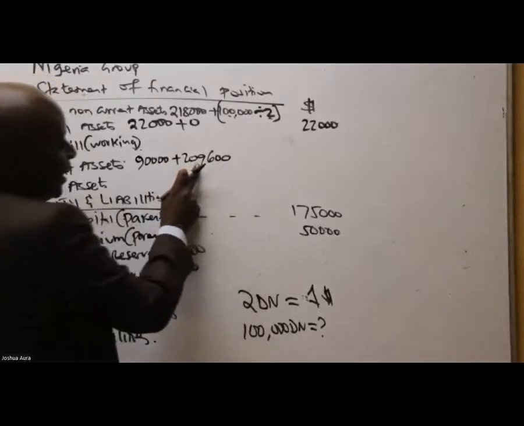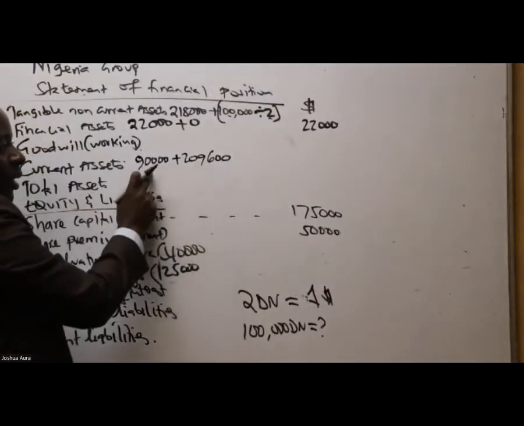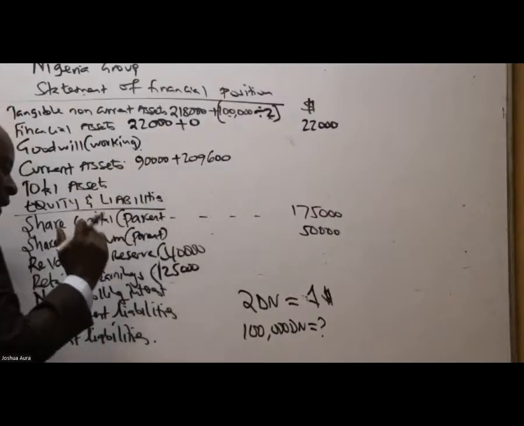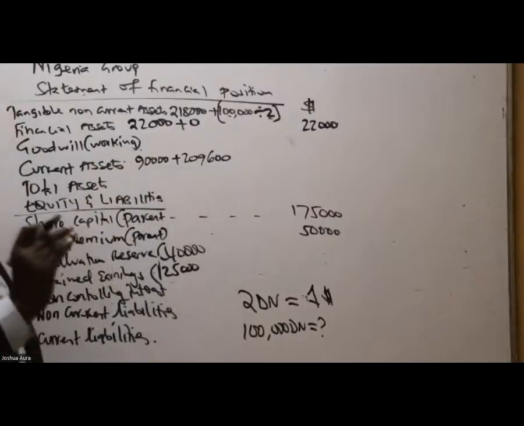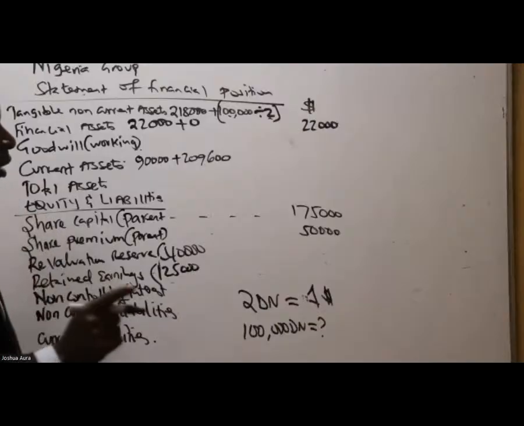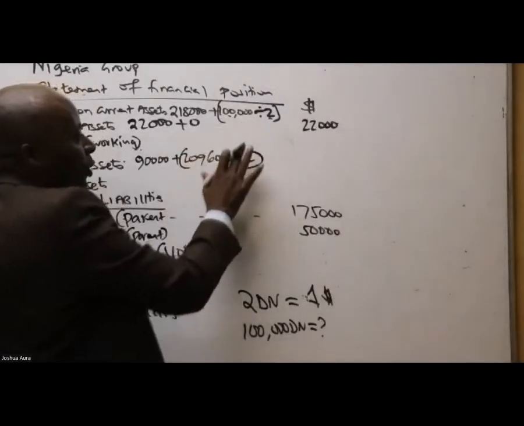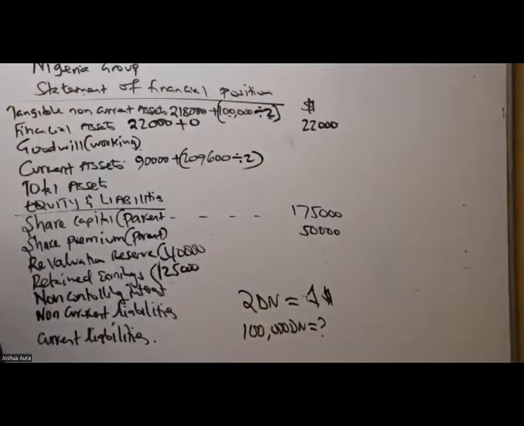But remember, these are DNs. We still need to retranslate them to the dollar. Remember, we said when we started that all assets and liabilities will be retranslated at the closing rate. So here, divide this again. When you start to divide, be consistent and divide all the way down. Once you start dividing, there is nothing else.